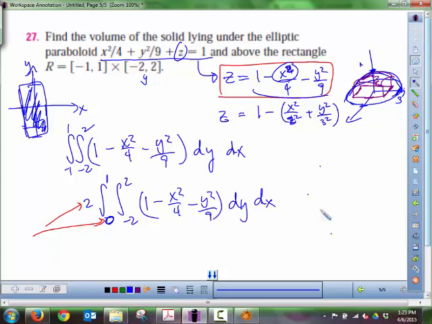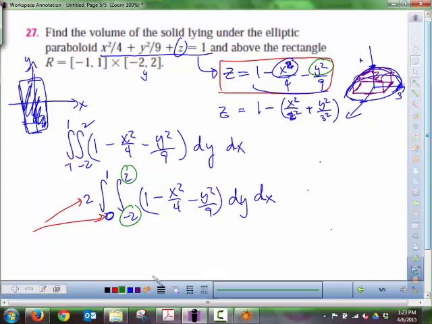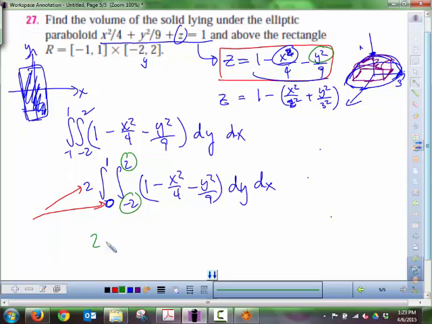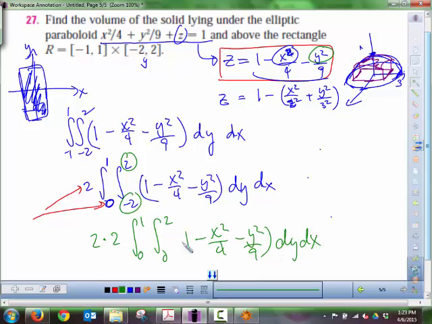And likewise, I can see the symmetry for the y as well. So I can multiply that by another 2, using symmetry.